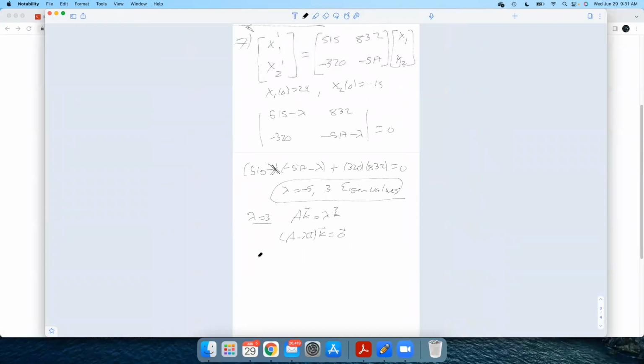So I'm doing literally this same matrix right here where I'm plugging in the lambda. So that'll be 512, 515 minus 3, 832, negative 320, negative 520, negative 517 minus 3. This is a matrix now. This is not a determinant. Times the vector K1, K2, equals the vector 0, 0.